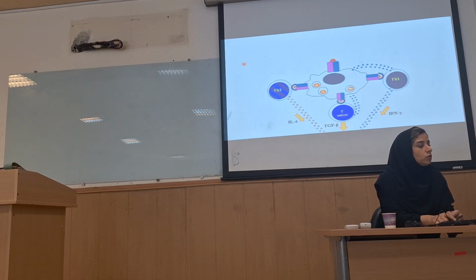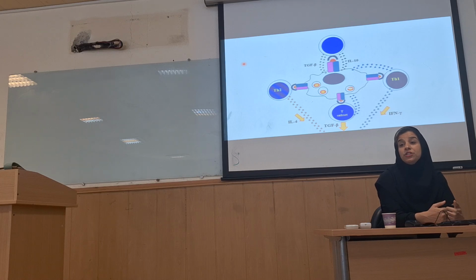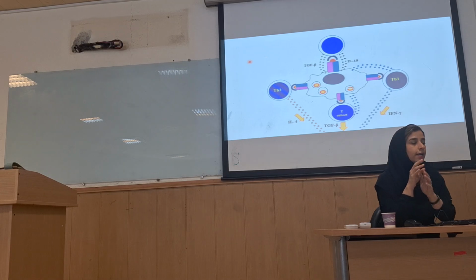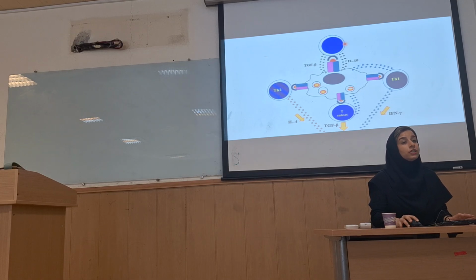And also some pathogens, some peptides are presented to CD4 positive T cells, and in the presence of TGF beta and interleukin 10. TGF beta and interleukin 10, along with each other, usually act as anti-inflammatory cytokines or immunosuppressive cytokines, and they lead to differentiation of CD4 positive T lymphocytes to T regulatory cells.